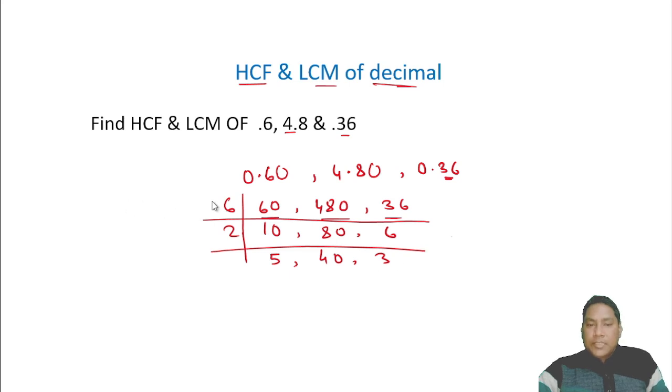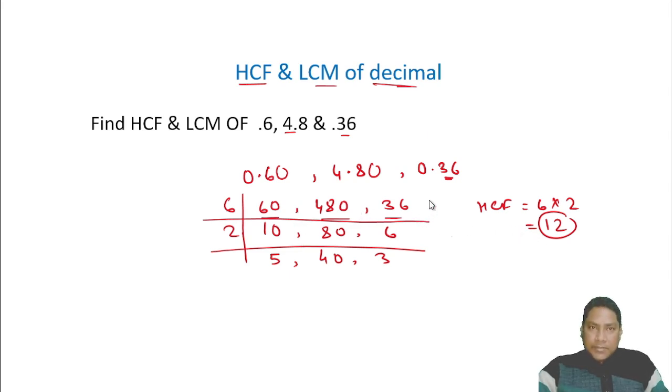So the HCF of these numbers will become 6 multiplied by 2. This will become 12. If you want to check, you can divide all the numbers 60, 480 and 36 by 12; they will be completely divided by 12.